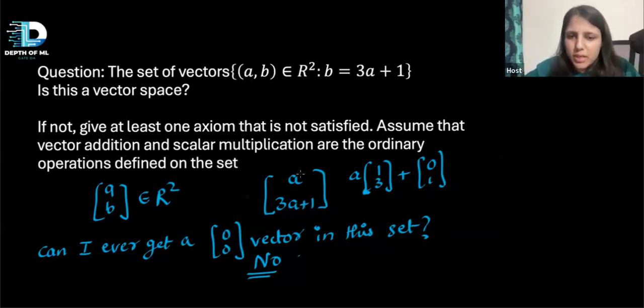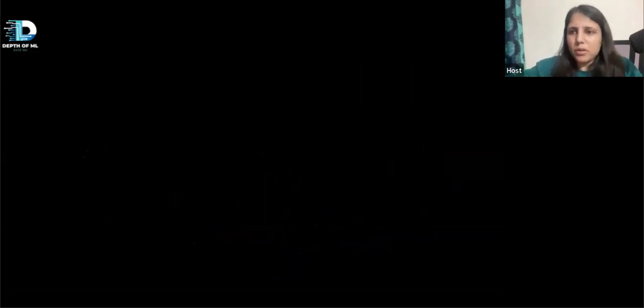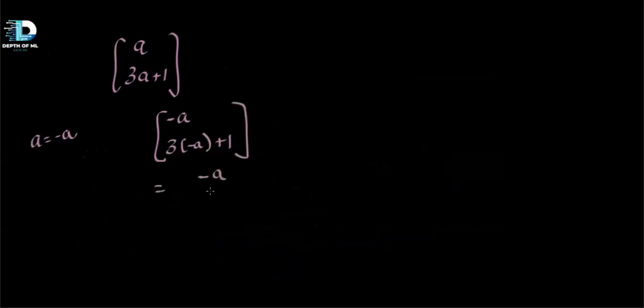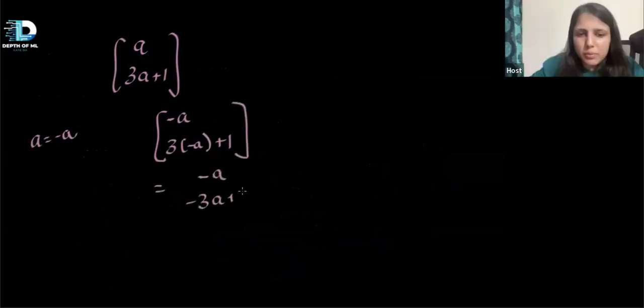So whatever is at A, below we'll have 3a plus 1, right? So the vector is a, 3a plus 1. If I do a equals -a, my vector I should get is -a, 3 into -a plus 1. So my vector will be -a, -3a plus 1.